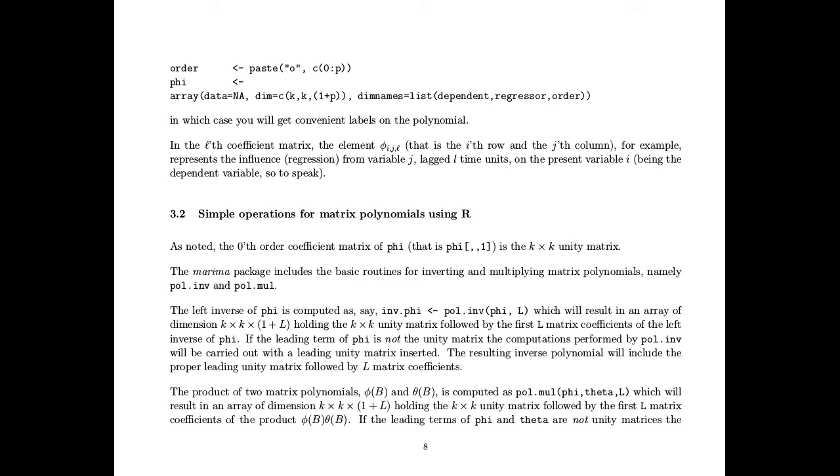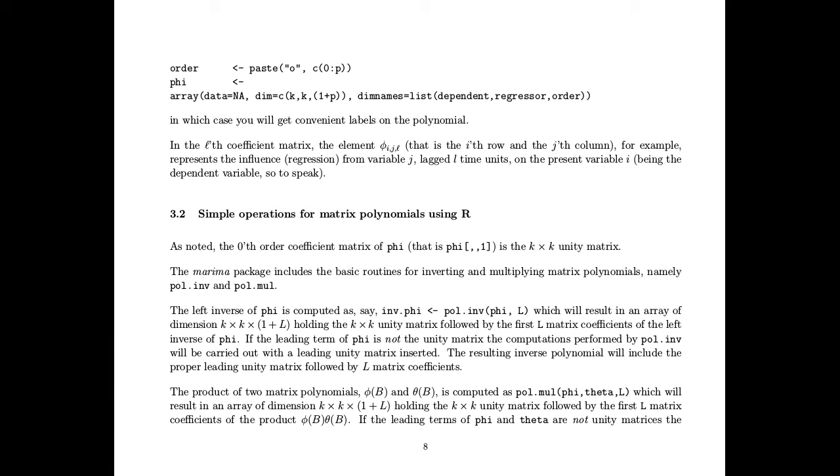So it's not a big thing. You just have to keep track of the fact that you always have an extra matrix, an extra element than what you would expect, not an extra dimension. It's a third dimension. Almost everything are three-dimensional arrays, where the third dimension is the different coefficient matrices.